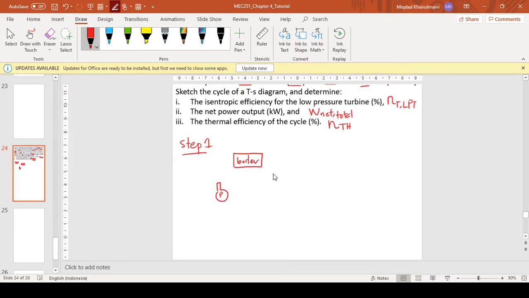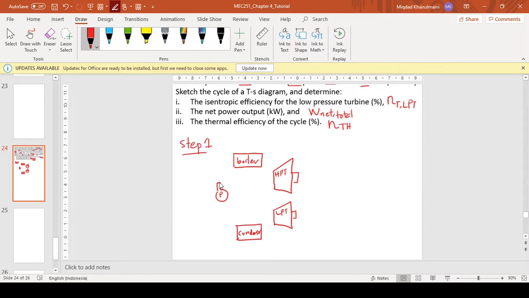And then we have the high pressure turbine, and then we have the low pressure turbine. And we also have the condenser. Okay, so then we connect the components.